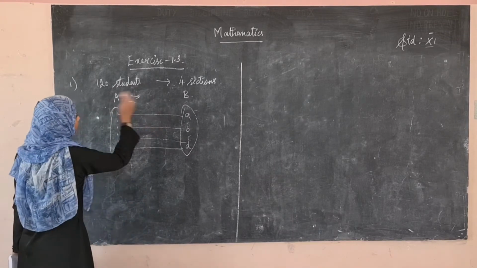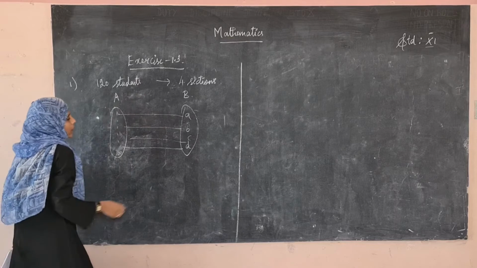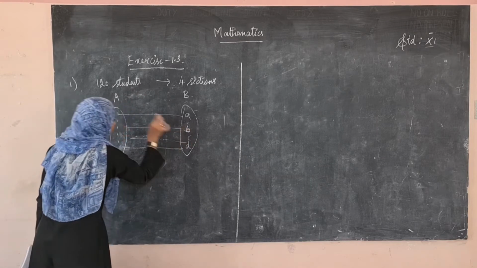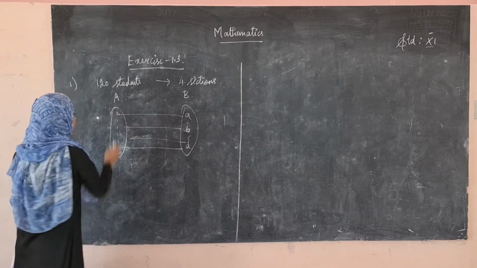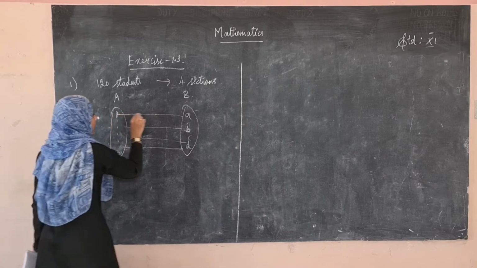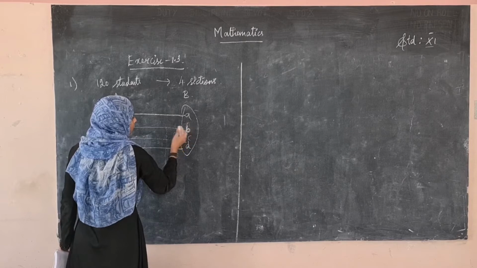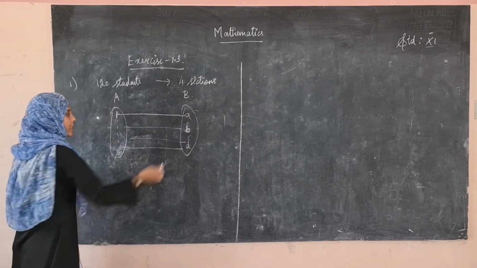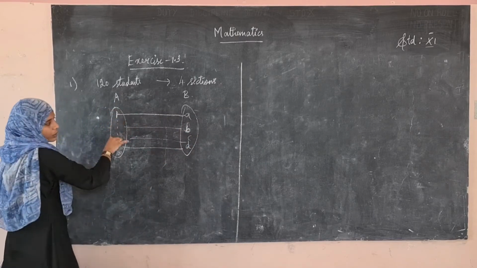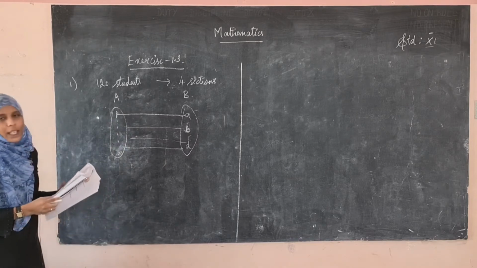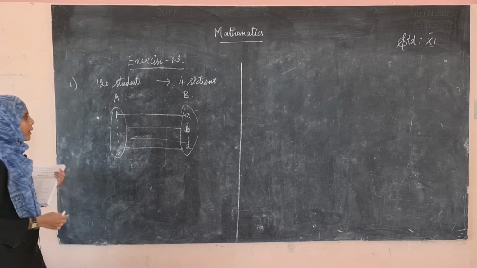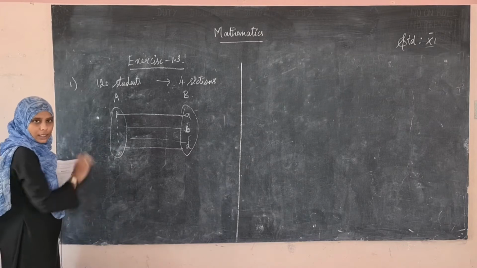But in reverse, we cannot say that this section must contain this particular person. If the first student is studying in section A, then in reverse, we cannot say that section B contains the first student, second student, third student. Therefore, we cannot say in the reverse order. This is the answer for this question.